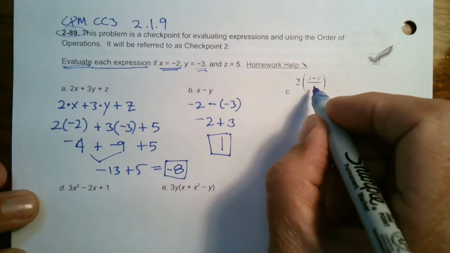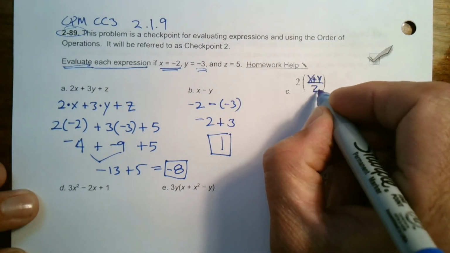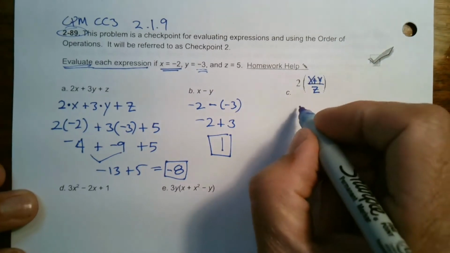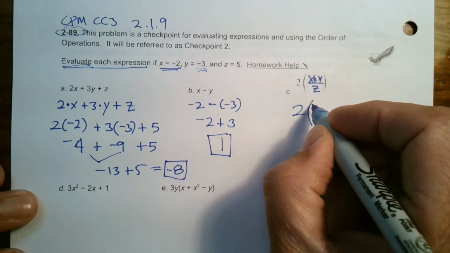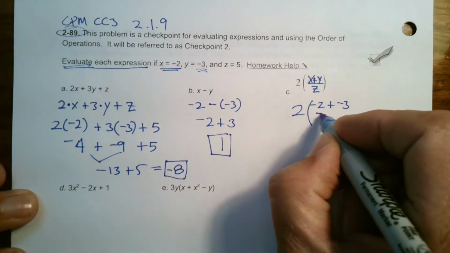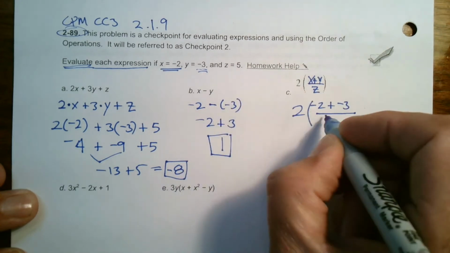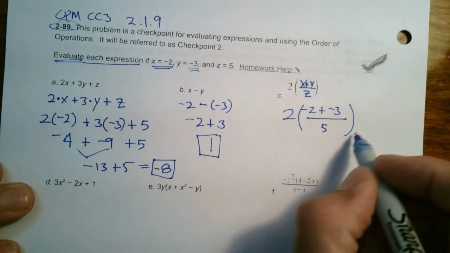Here we have x plus y, all over z, is what that says. So it's 2 times that. It's 2 times x, which is -2, plus y, which is -3, and all of that is being divided by z, which is 5. Order of operations: I take care of what's inside the parentheses.